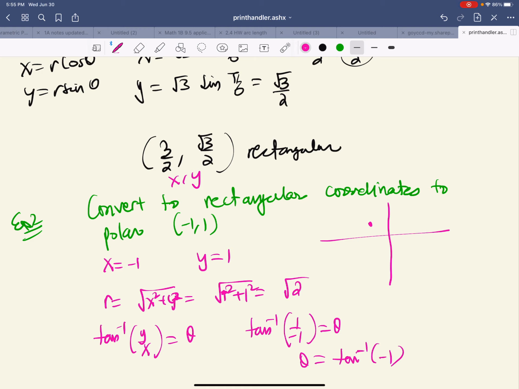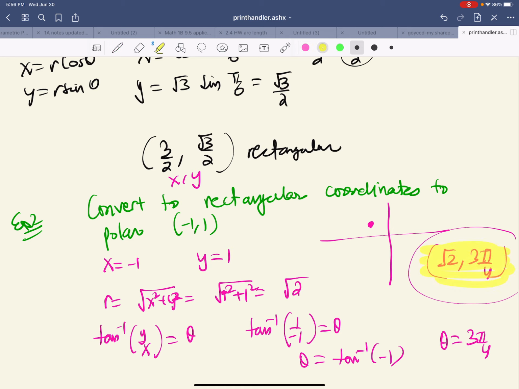My reference angle is 45 degrees, pi over 4, in the second quadrant, so theta would be 3 pi over 4. My polar coordinates in this case turn out to be r equals square root of 2 and the angle is 3 pi over 4. And these are the polar coordinates.